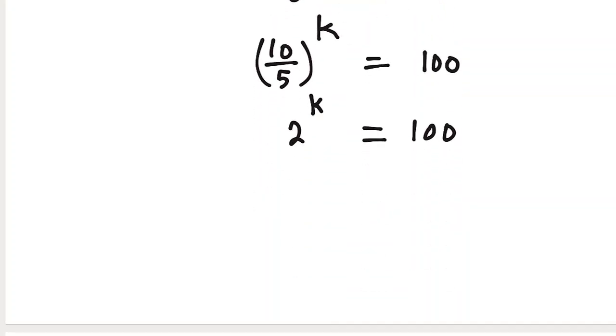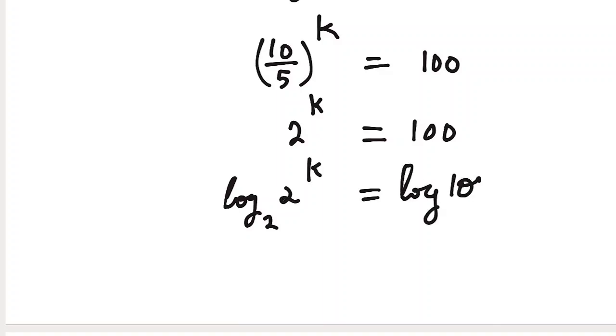All right, so from there we move on. The next thing we're going to do is look for the value of k. How are we going to do that? We're going to introduce a logarithm with respect to base 2. That's going to be log base 2 of 2 to the power of k, equals log base 2 of 100.